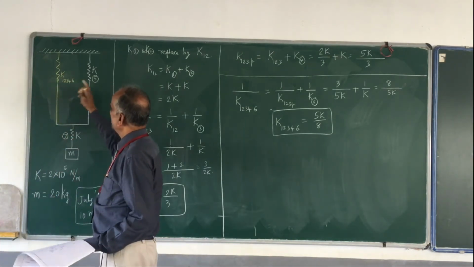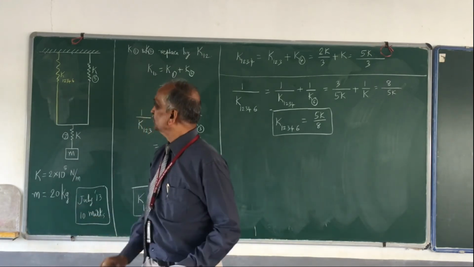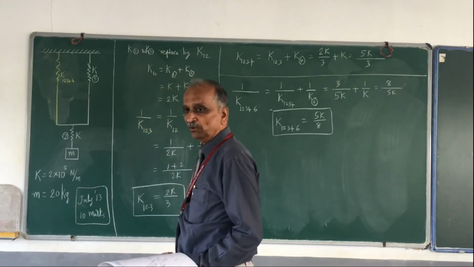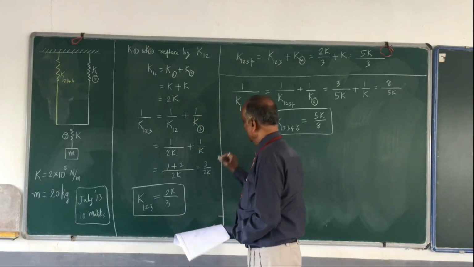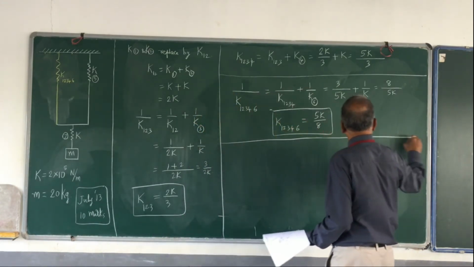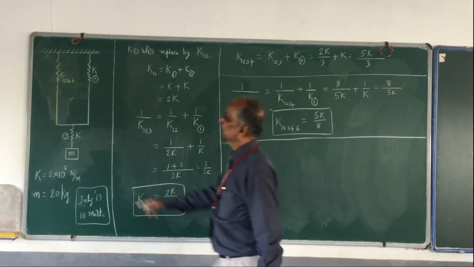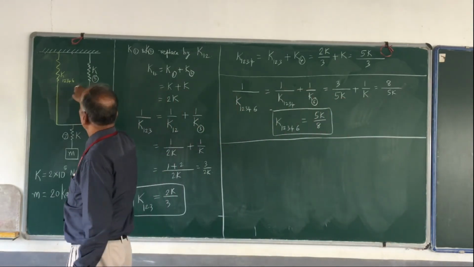Okay, so now this and this combination, 1, 2, 3, 4, 6 and 5. What kind of arrangement? They are in parallel. The two springs are in parallel. One spring is 1, 2, 3, 4, 6. The other spring is 5.